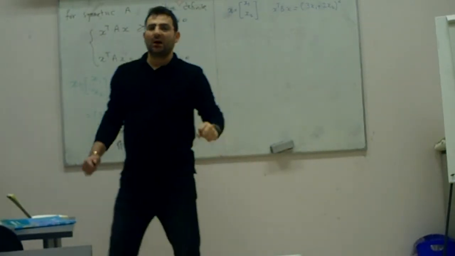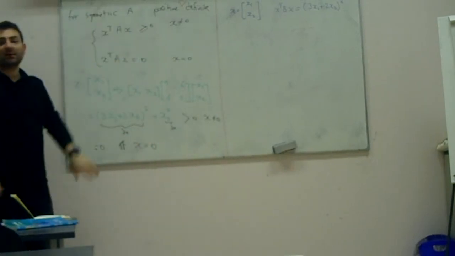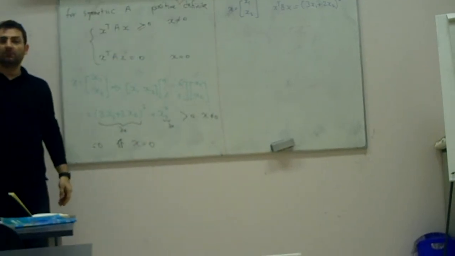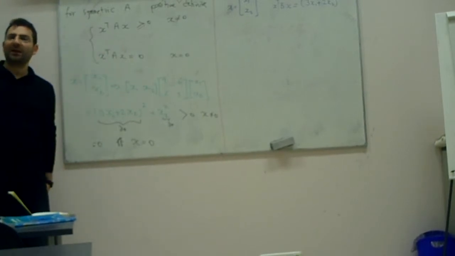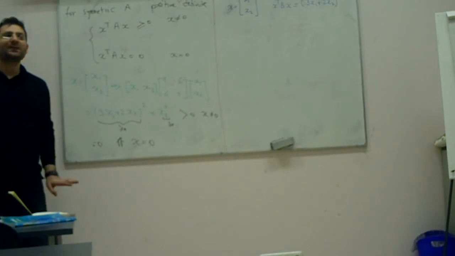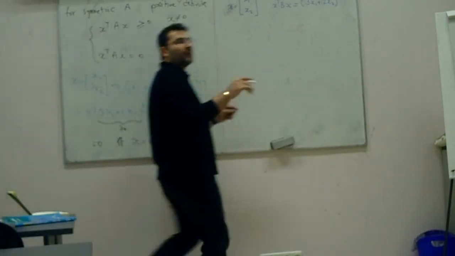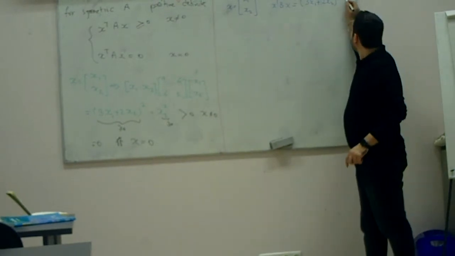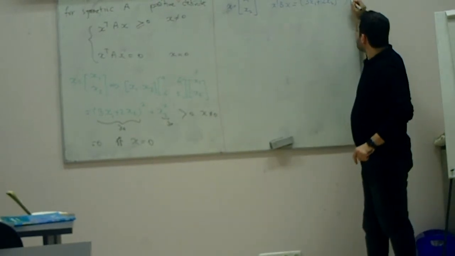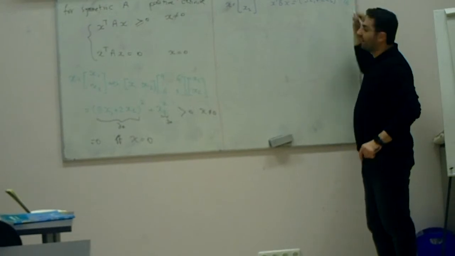Is it always greater than 0? Not always. If it is 0, then it is 0. So is it always greater than or equal to 0? Yes. It is always greater than or equal to 0, so it's always non-negative, no problem. We have to check the equality.